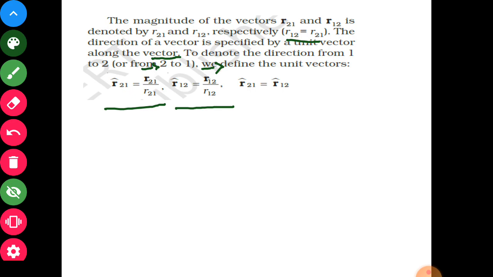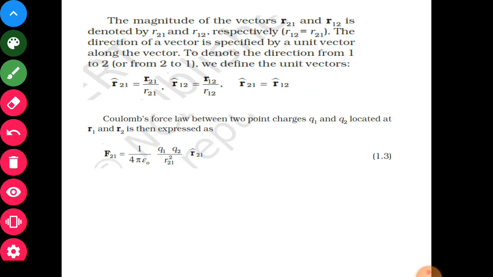Here these unit vectors r21 and r12 are equal in magnitude but opposite in direction. So a negative sign is missing here in your textbook also, just go through it. Unit vector of r21 is equal to minus, try to understand, minus unit vector r12.